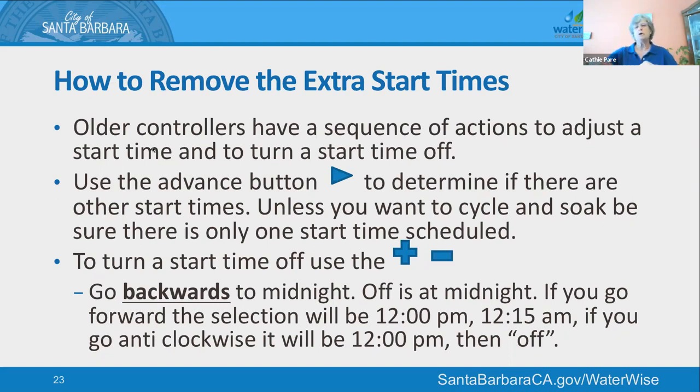If you go clockwise, you're never going to get to the off button. It's going to go 11:45, 12 o'clock, 12:15, 12:30. You have to go backwards to midnight to get to the off. And that's where the manual comes in, but I don't think anyone ever reads that in the manual. This is a big one to remember, so play with it a little when you go home.